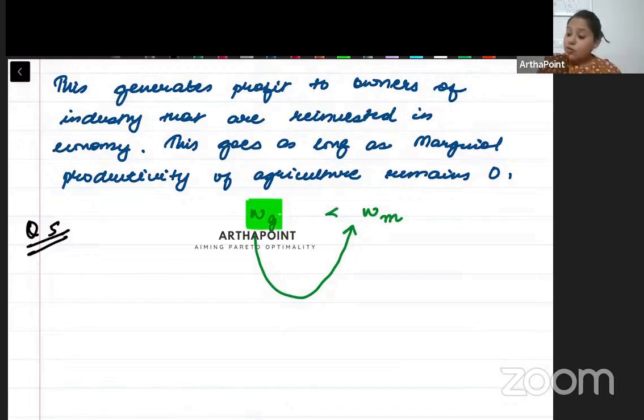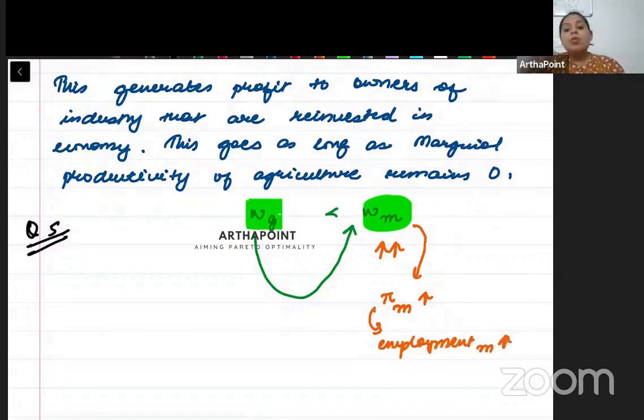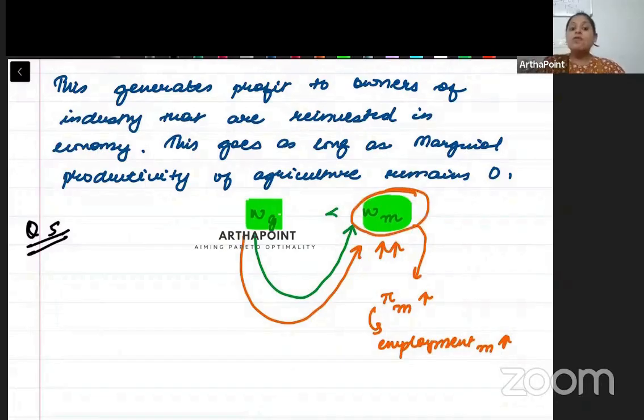But output of the modern sector will increase, so its profit will increase. This profit will help employ more people in the modern sector, so employment in the modern sector will increase. People will keep moving from the traditional to the modern sector till all the surplus labor is exhausted. The entire surplus labor will be absorbed in the modern sector.